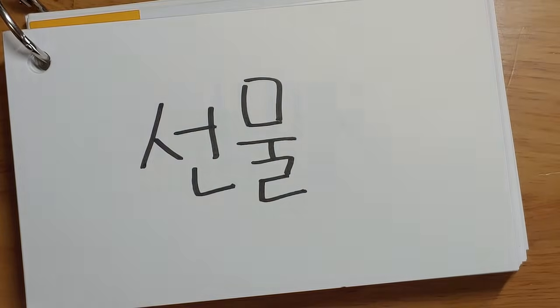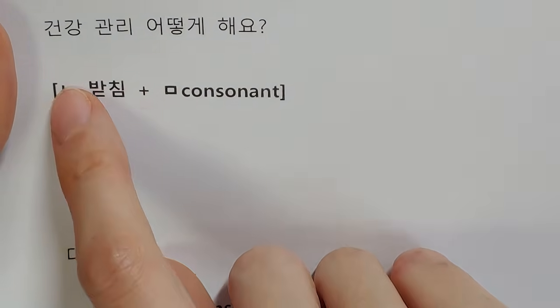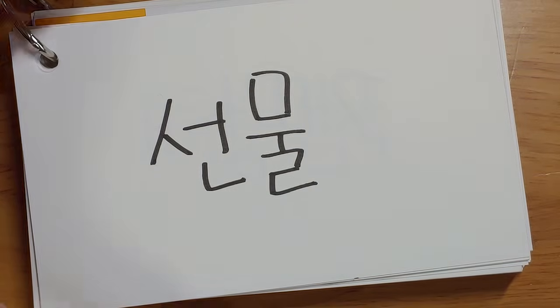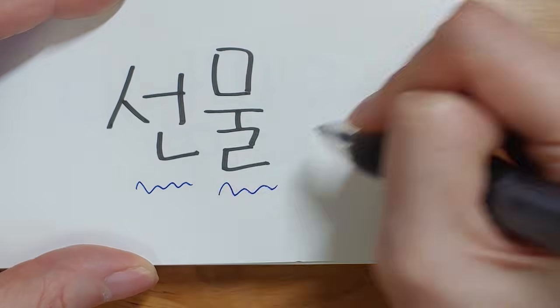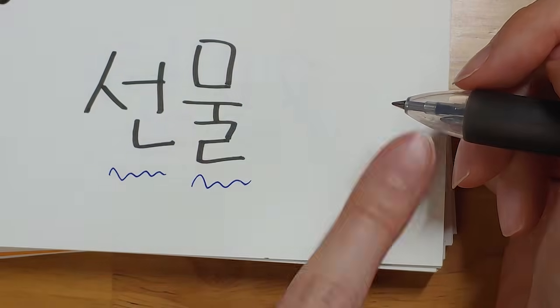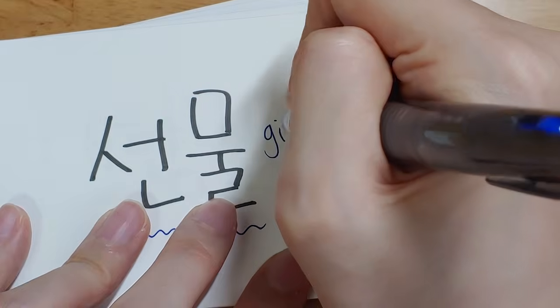그다음에 moving on to the next rule. 은 combined with ㅁ. This one as well, you can just enunciate it. This is okay to enunciate, and you can say 선물, and everybody will understand. 선물 means gift, by the way.